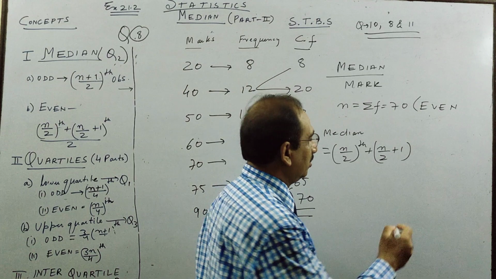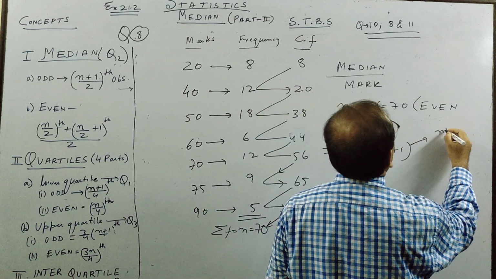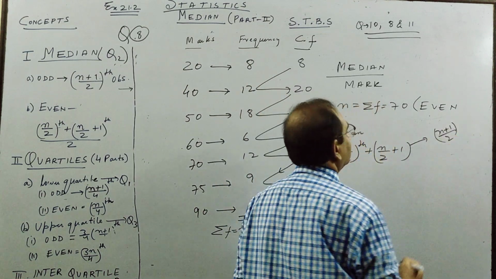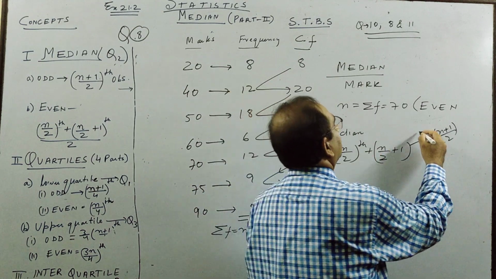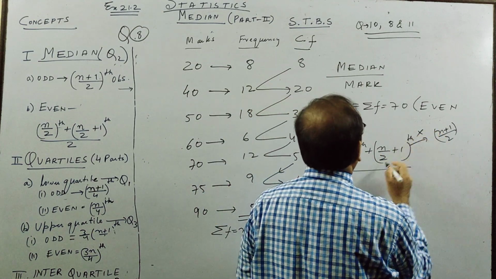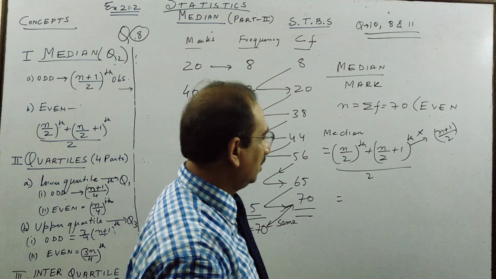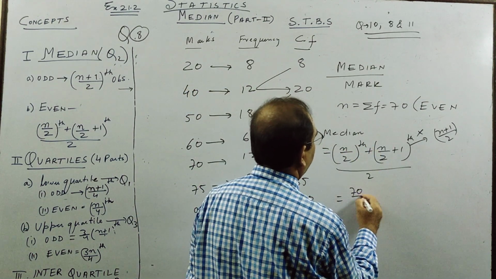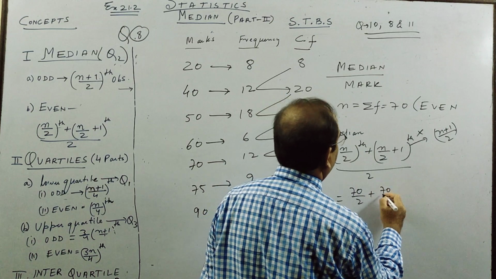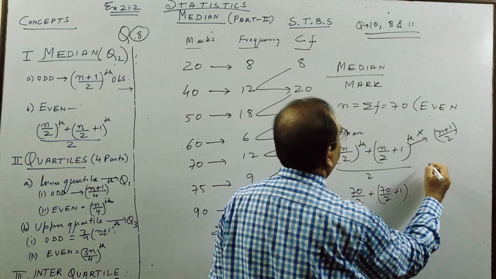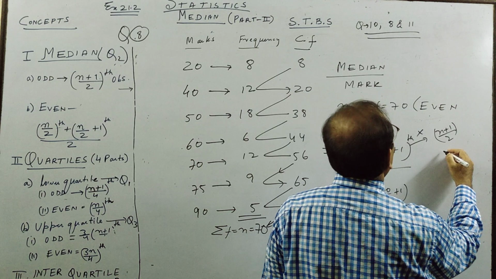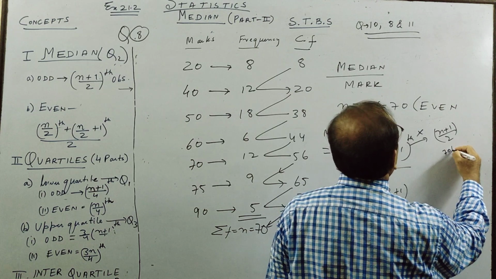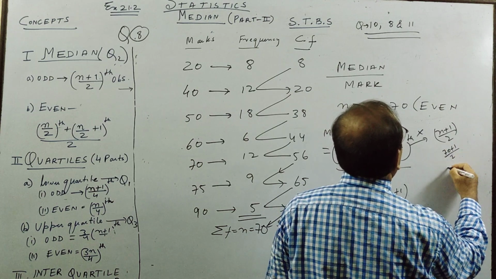Remember, this is not n plus 1 by 2. This is not this by 2. Okay. So now in place of n put 70. So 70 by 2 plus 70 by 2 plus 1.